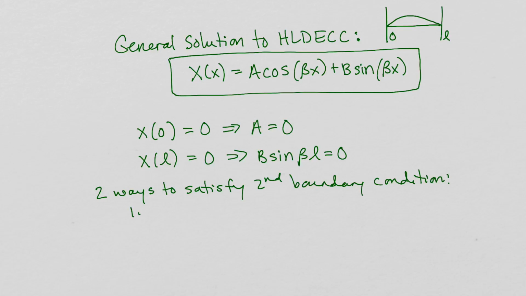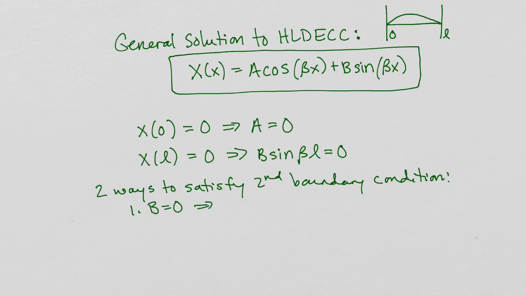The first is, well, we can just say that our B equals 0, but since A is already 0, that's just going to lead us to what we call a trivial solution or an unhelpful solution for us. So this does not get us anywhere interesting. So remember, A is already equal to 0. That basically leaves us with nothing to work with.